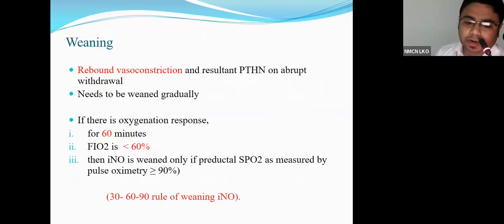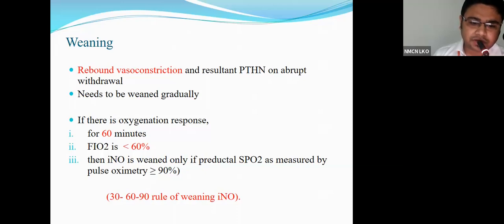So how do you wean? You can just remember two rules. The 20-20-20 rule is for initiation. Initially the rule was 60-60-60, but from the research by Professor Satyan in 2015, the rule has changed to the 30-60-90 rule.